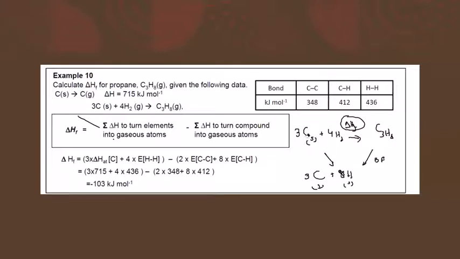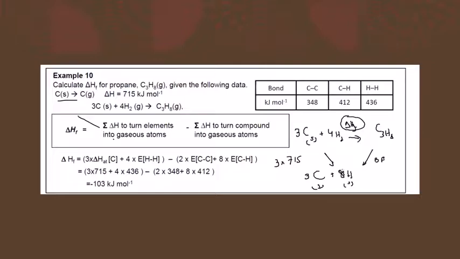Carbon in solid state is converted into a gaseous state. When we produce gaseous atoms, we call it atomization. Atomization is given here as 715, but that should be multiplied by 3 because we are producing 3 atoms of carbon.